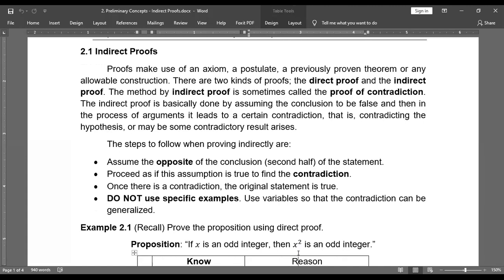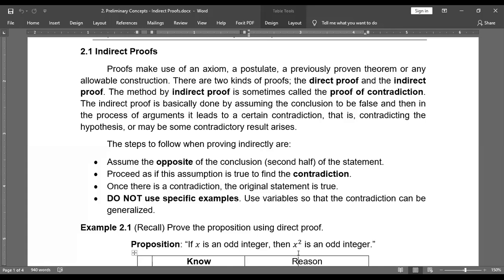So how did we solve this particular statement? It is an if-then statement, so let's recall our logic, the truth value of the conditional statement.